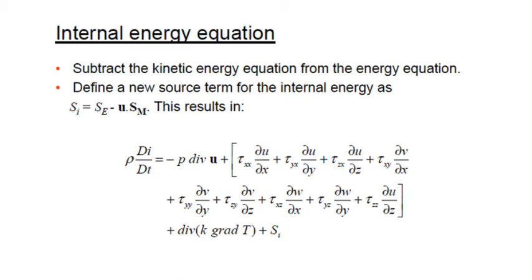That is a small correction you change in the previous equation. Remaining all the expressions are the same. That is, rho dI by dt is equal to minus P divergence u plus tau xx dou u by dou x plus tau yx dou u by dou y plus tau zx dou u by dou z, plus writing for yy and zz, plus divergence k gradient T plus SI.